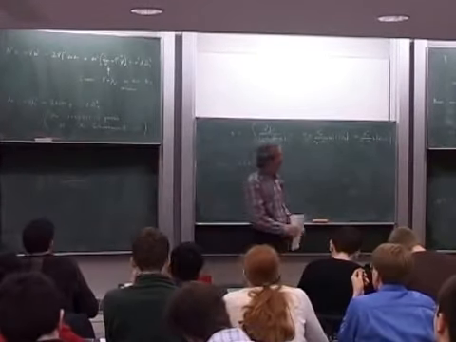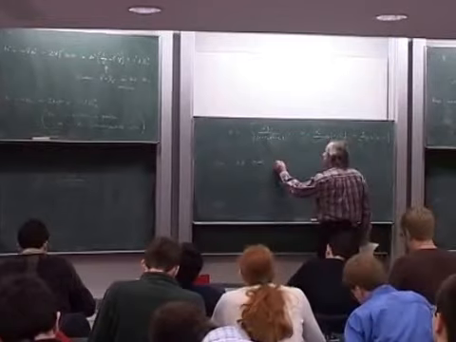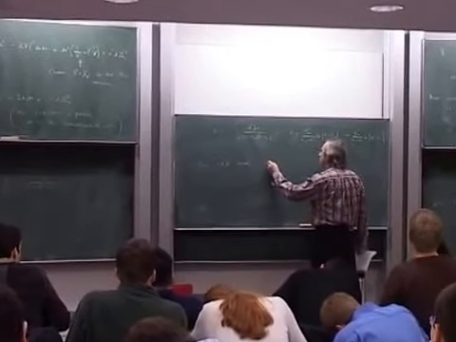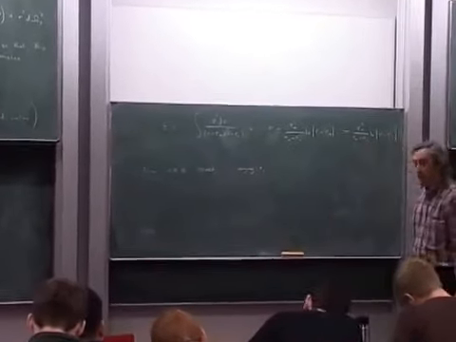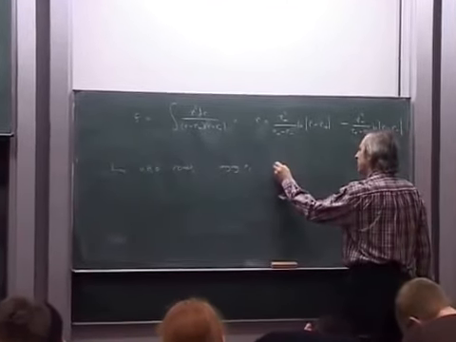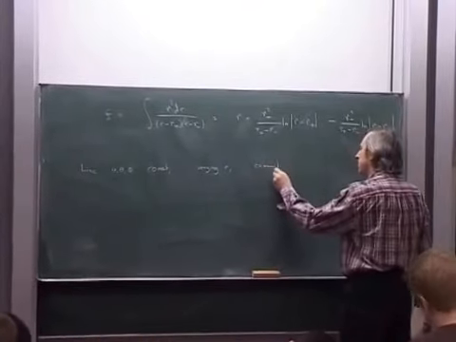So that corresponds to an outgoing light ray, just as it did in the Schwarzschild metric.